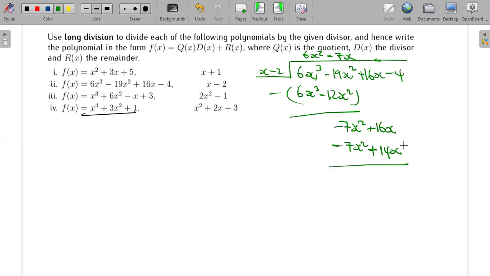So here again, you subtract, and you get a 0. 16 minus 14 just gives you 2x. And then here, drop that 4, which is there. That x can go into there.